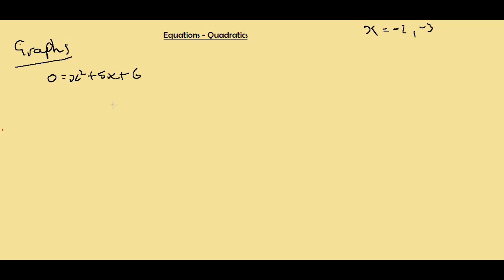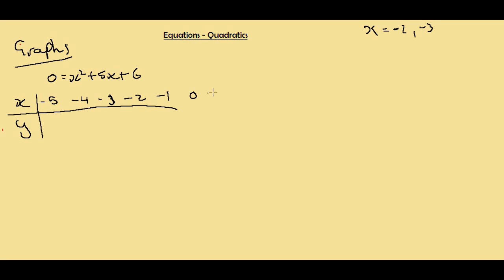You can plot the graph by writing a table of x's and y's, hopefully a bit neater than this. For the x's, we'll start off with, say, minus 5, minus 4, minus 3, minus 2, minus 1, 0, and then 1, 2, 3, 4, 5.